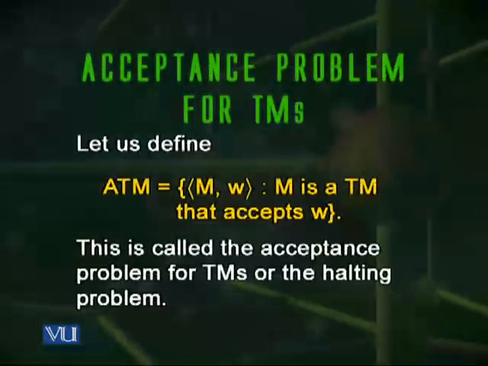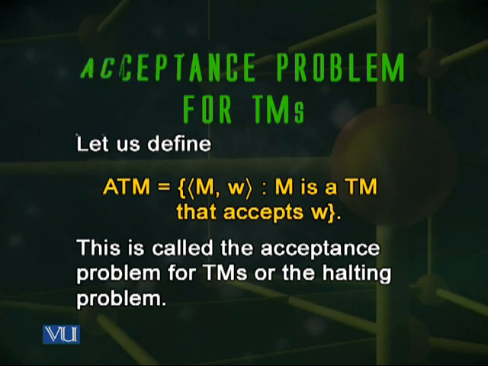So formally, the acceptance problem is defined as follows. ATM is going to be the set of all encodings of M, W, where M now is a Turing machine and W is a string that is accepted by this Turing machine. This is the acceptance problem for Turing machines.